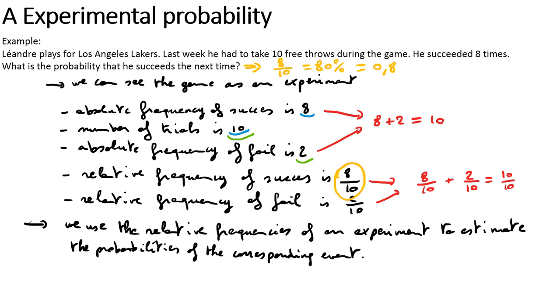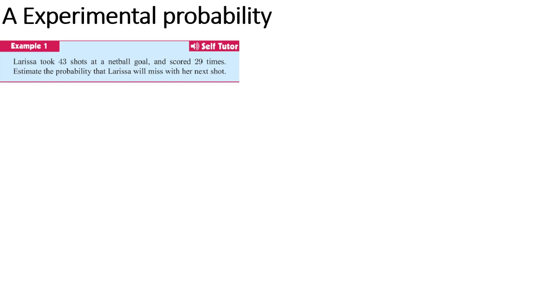Let's check another example, example 1 in our book. Here, Larissa took 43 shots at the netball goal and scored 29 times. You have to estimate the probability that Larissa will miss with her next shot. She scored 29 times and took 43 shots.